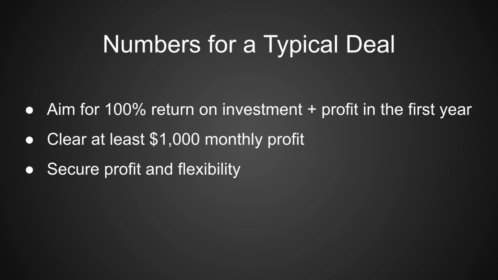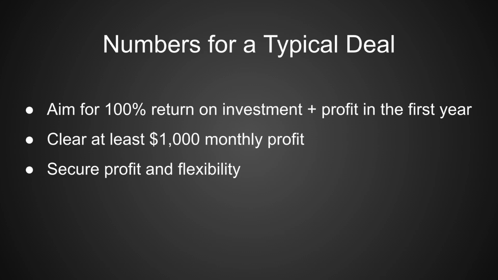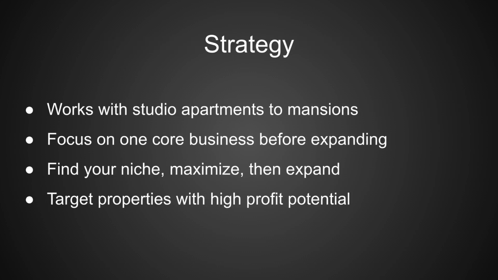Now let's talk strategy. You can apply Airbnb arbitrage to anything, from studios to apartments to mansions. Each property type comes with its own set of operational challenges, but the principles remain the same. My advice: focus on one core business or type before expanding to others.